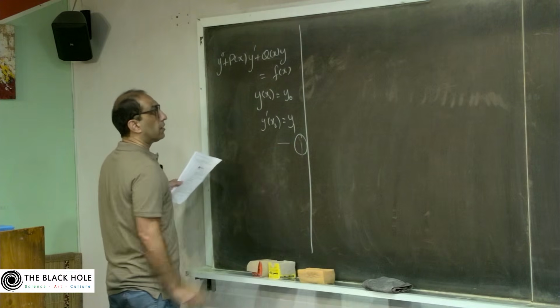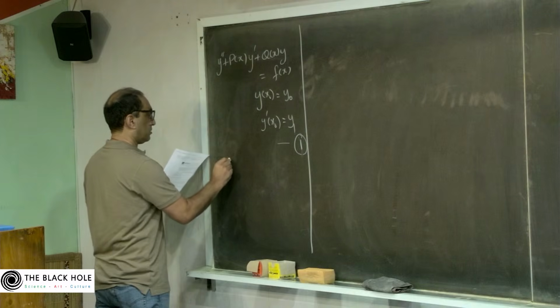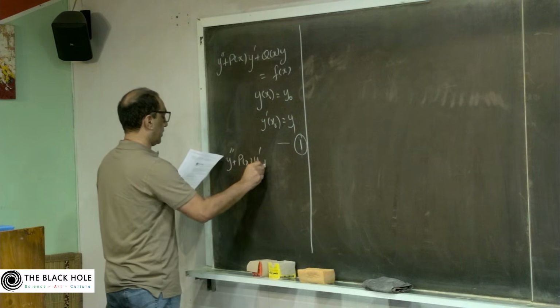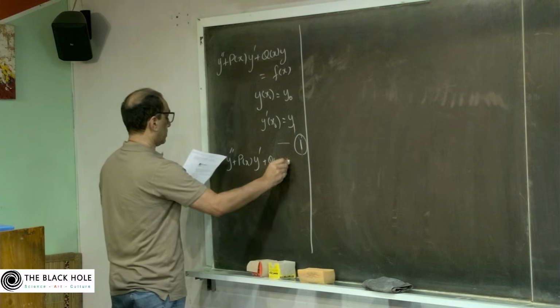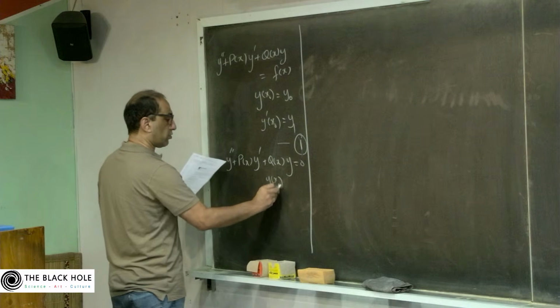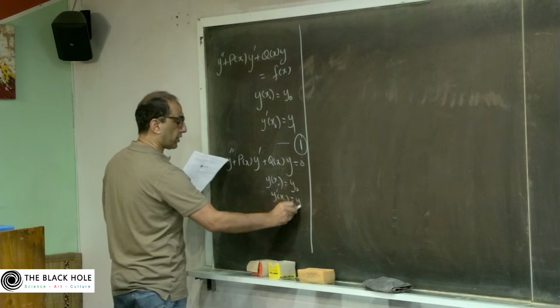So y double dash plus p of x, y dash plus q of x, y is equal to 0, y of x naught is equal to y naught, y dash of x naught is equal to y naught.